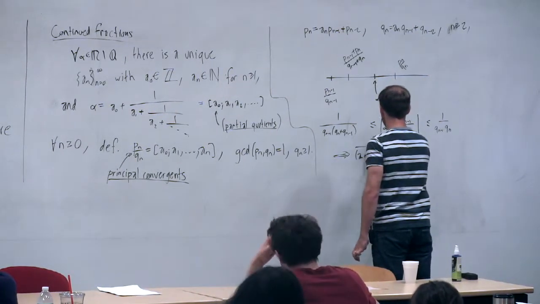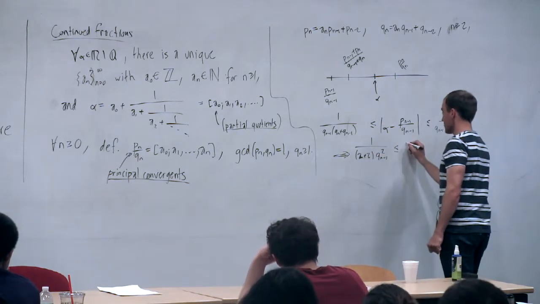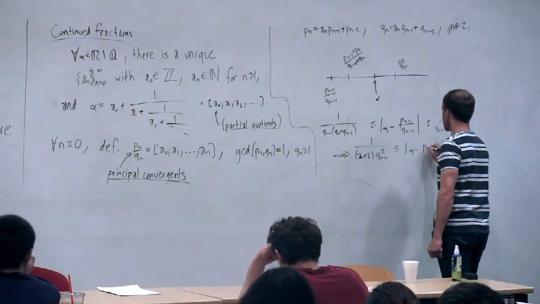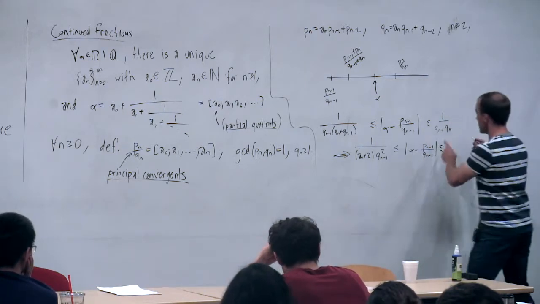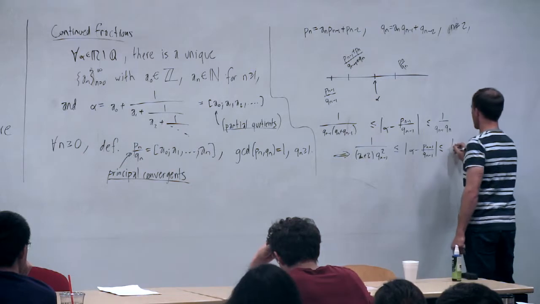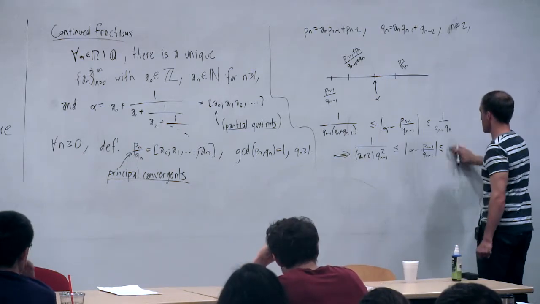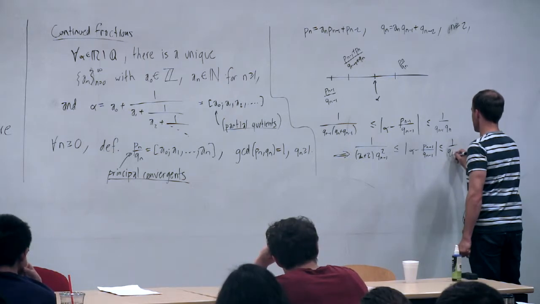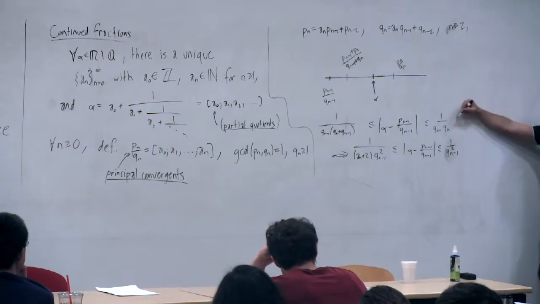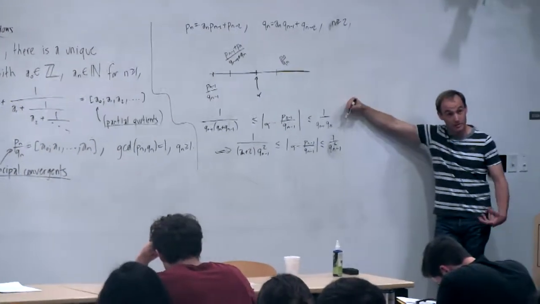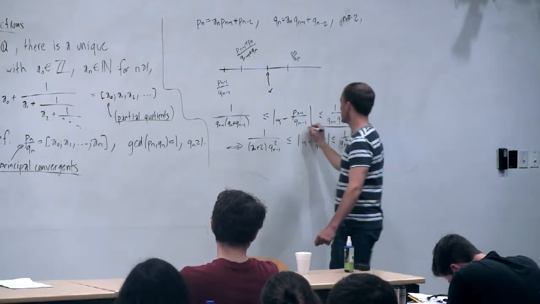And so on the left-hand side, I have 1 over (a_n plus 2) times q_{n-1} squared, less than or equal to the distance from alpha to p_{n-1} over q_{n-1}, less than or equal to, on the right-hand side, 1 over a_n q_{n-1} squared. That's something which is going to be bigger than the right-hand side on the previous line.